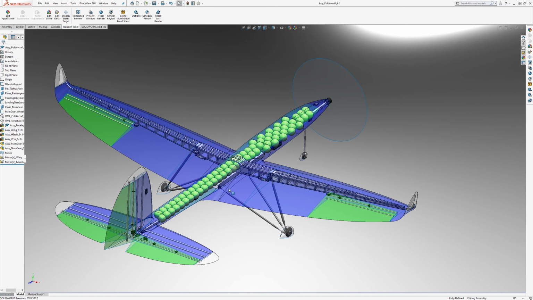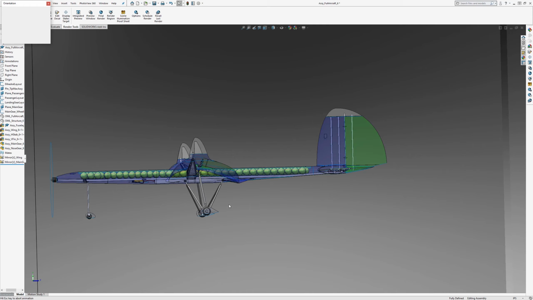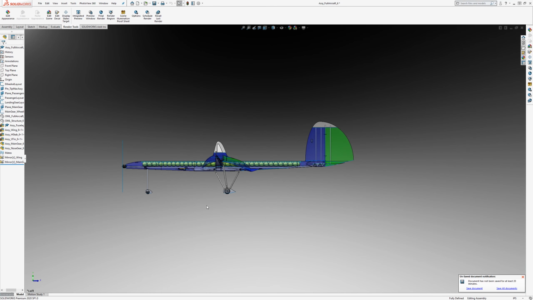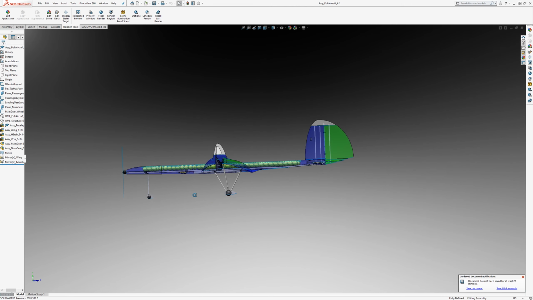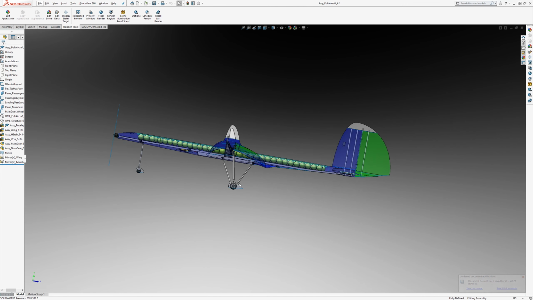That's because as we come in to land, we're going to be pitched up like this, and we're going to hit the ground at the wheel, which is behind the CG in this tricycle configuration of aircraft.